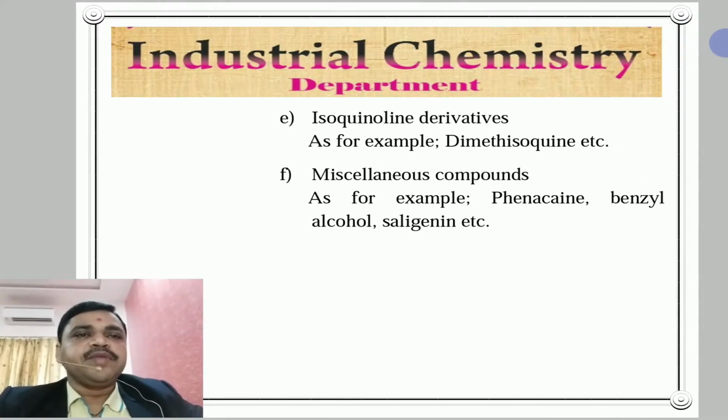Number E, isoquinoline derivatives. Dimethisoquin is a well-known example of this class. And last, miscellaneous compounds. Phenacaine, benzyl alcohol, salicylic, etc. are examples of miscellaneous compounds.